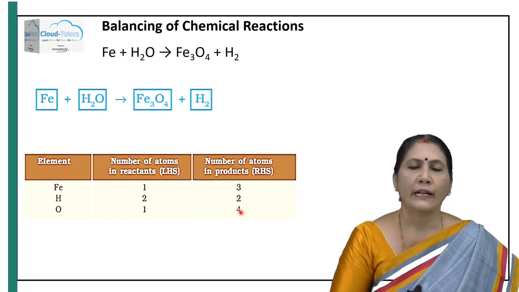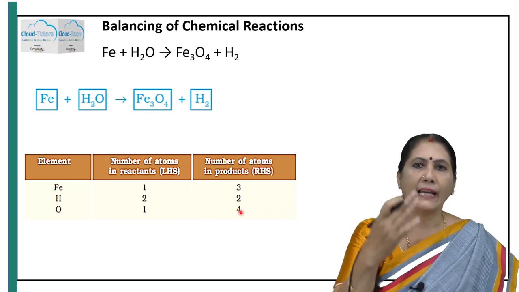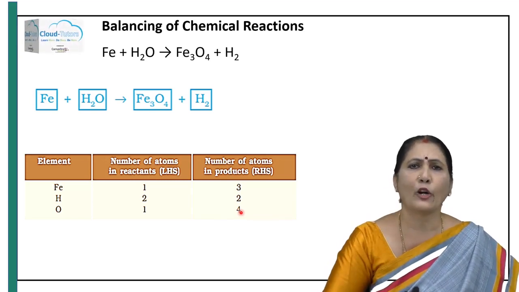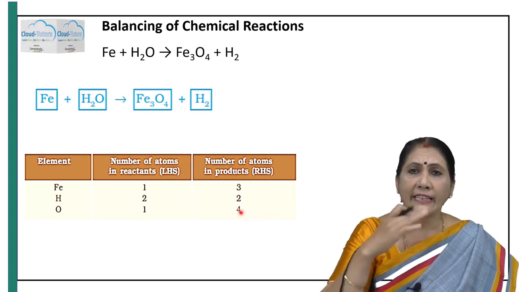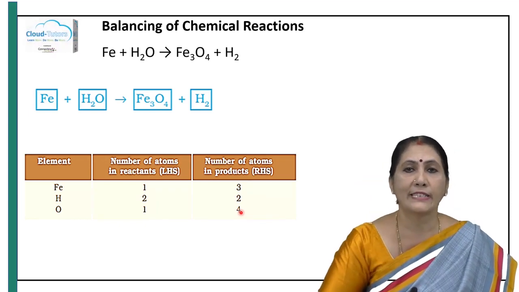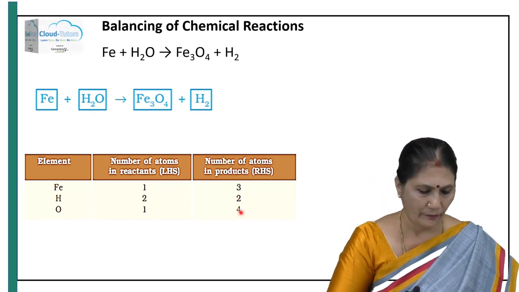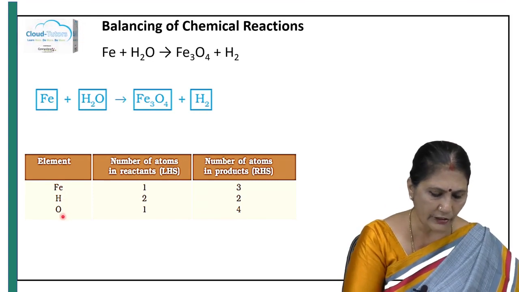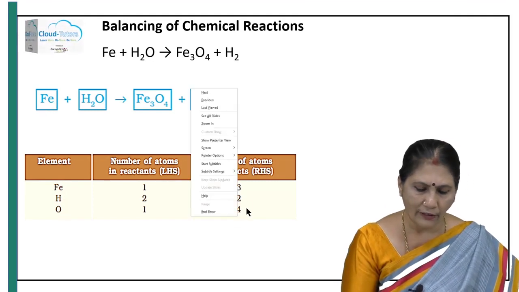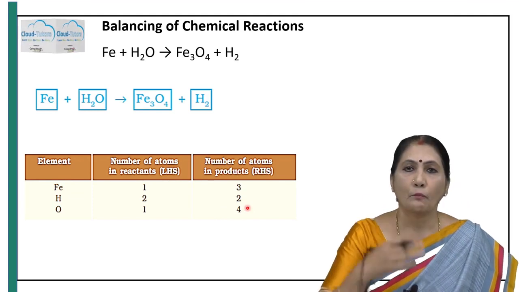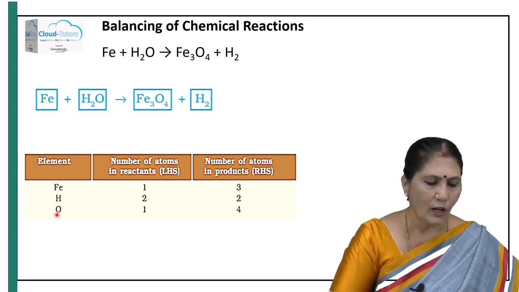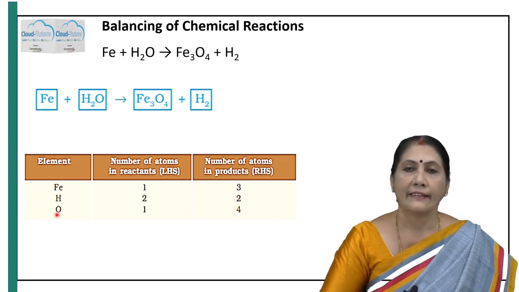Now, to quickly balance the equation in the exam, first priority should always be given to the higher number of atoms seen in the equation. You can see here, among iron, hydrogen and oxygen, the number 4 is more predominant. So you have to try balancing oxygen first.